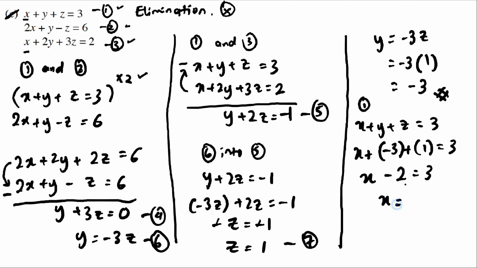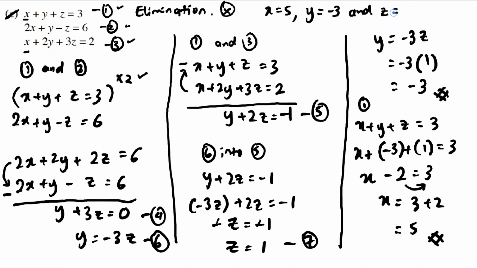X is equal to negative 2. When we move it to the other side, negative 2 will become positive 2. 3 plus 2, so we get 5. So the solution for this equation, x is equal to 5, y is equal to negative 3 and z is equal to 1.